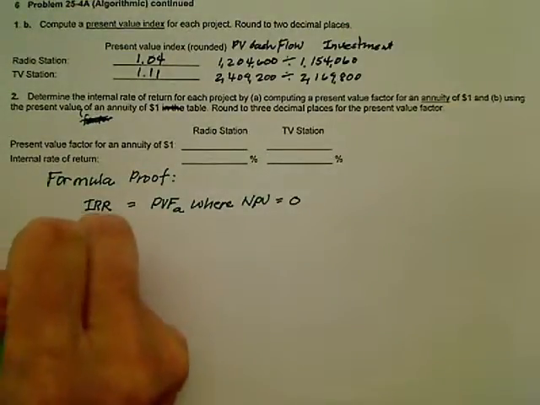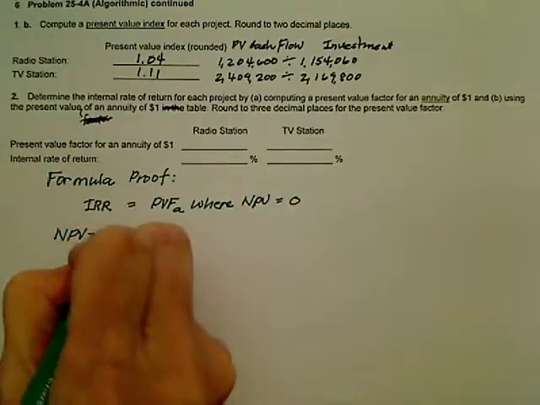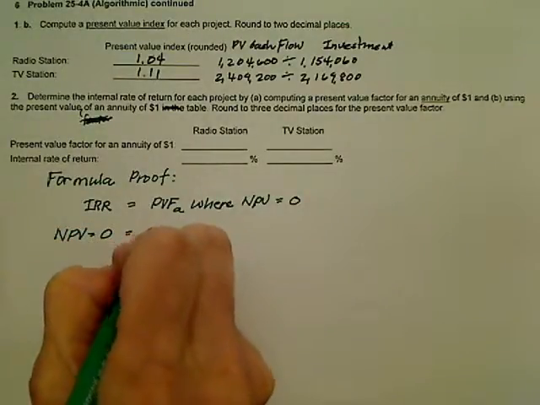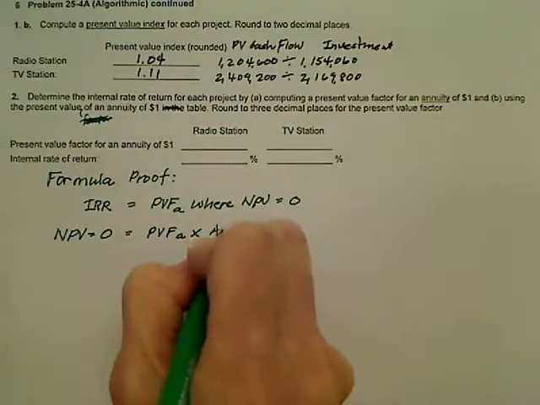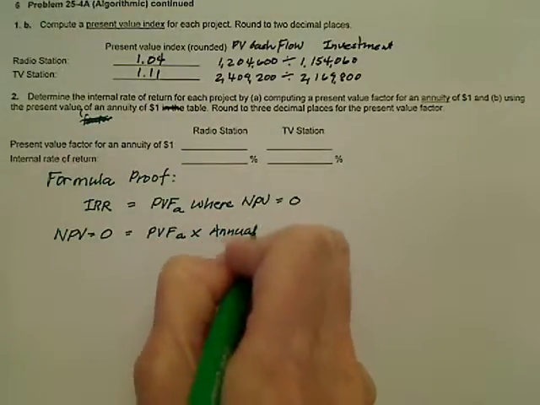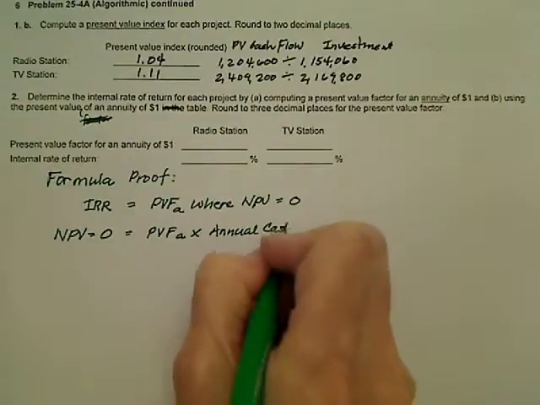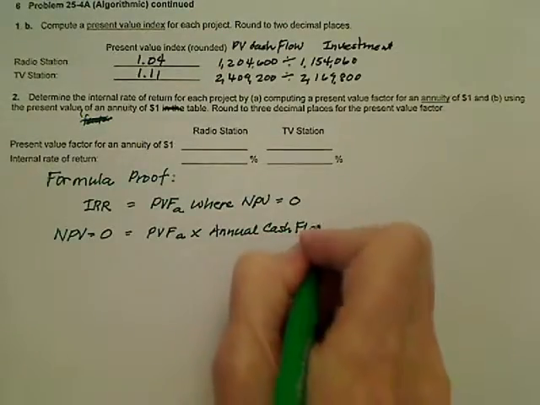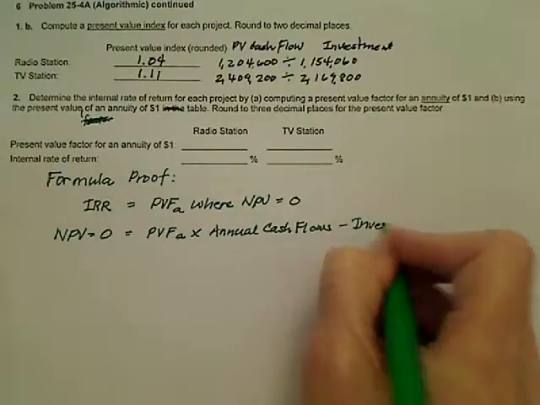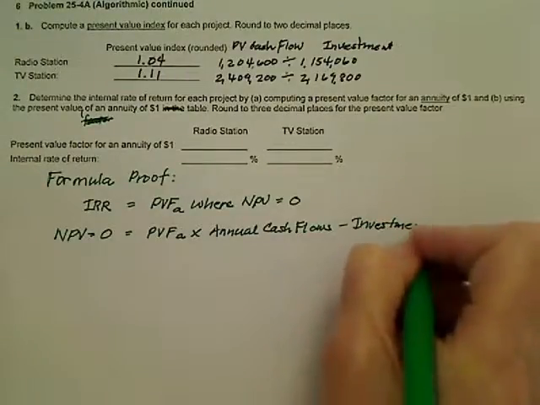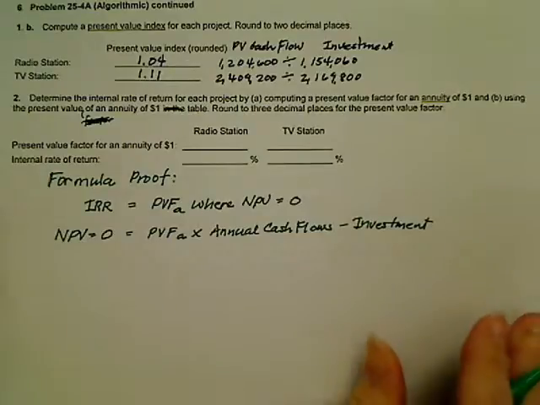So NPV equals 0 equals the present value factor of an annuity times your annual cash flows minus the investment.